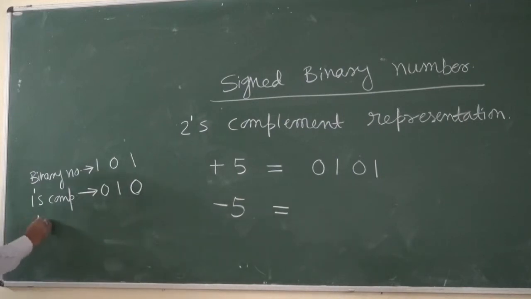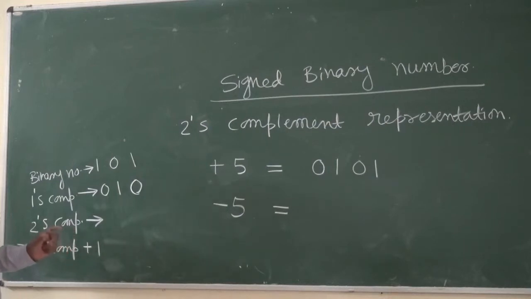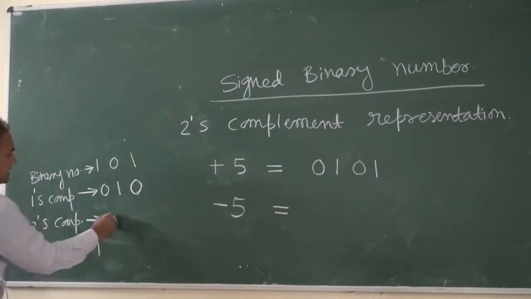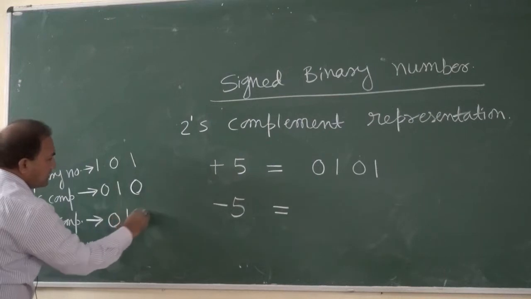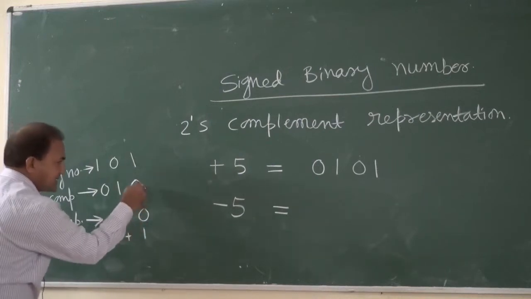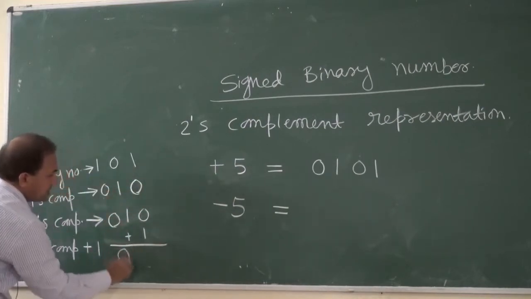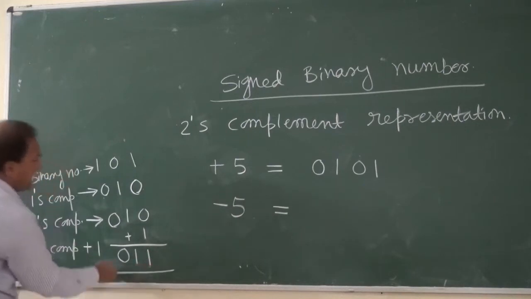And how do you write 2's complement? 2's complement is equal to 1's complement plus 1. 1 is added to the least significant bit. So it is 0 1 0 plus 1 to the least significant bit. This is LSB, this is MSB. So it is 0 1 1.